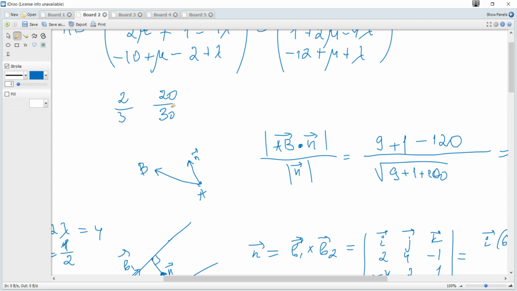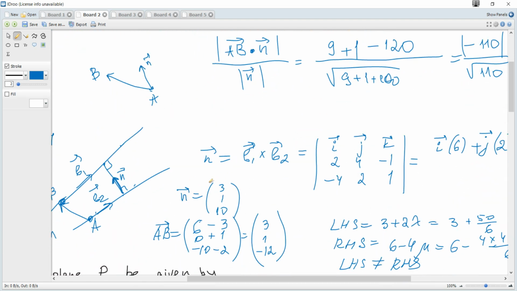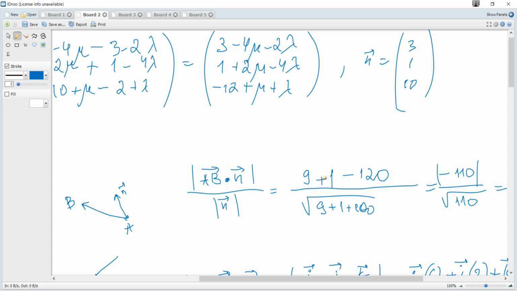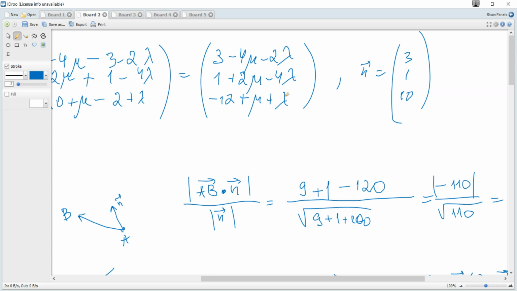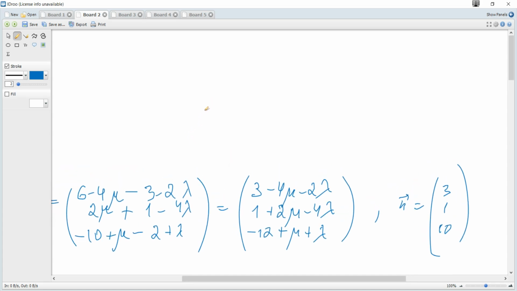We can write a proportion like 2 over 20, the same as 3 over 30. Our n vector is 3, 1, 10, and the coordinates are proportional, or this vector is some constant multiplied by this vector. To be the shortest distance, this vector must be parallel to this vector, and we can make proportions and try to solve.